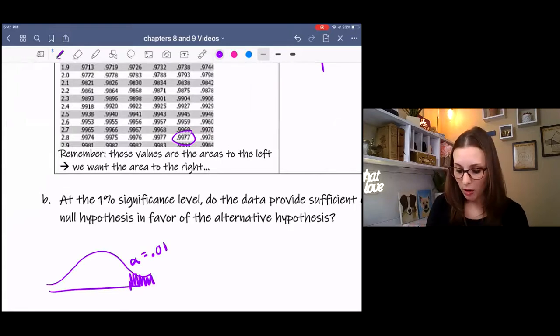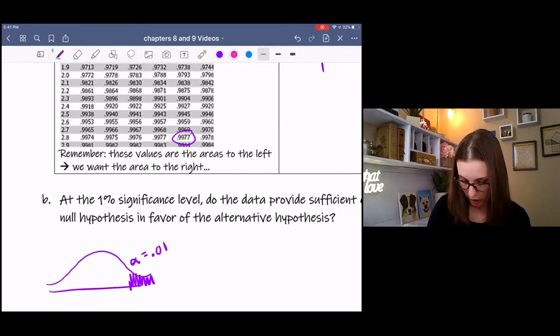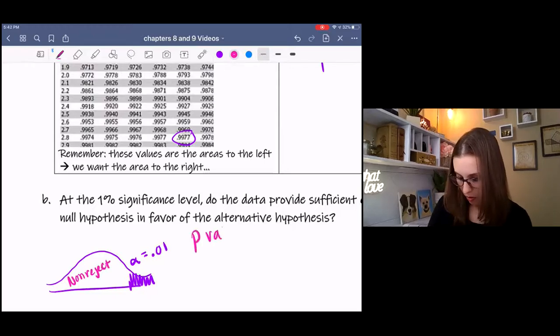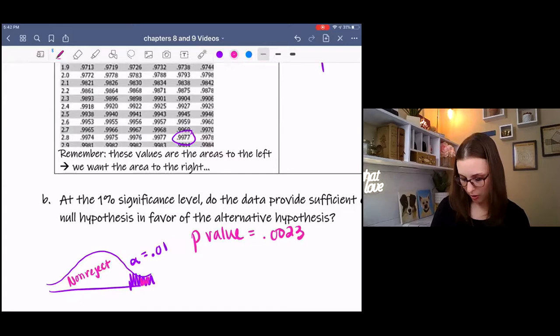Now, if the area of the p-value is bigger than this area, that puts it in the non-rejection region. If that area is smaller than my significance level, that puts it in the rejection zone. So this region is non-reject. And we have a p-value of 0.0023, which is pretty small. 0.0023 is an area over here.